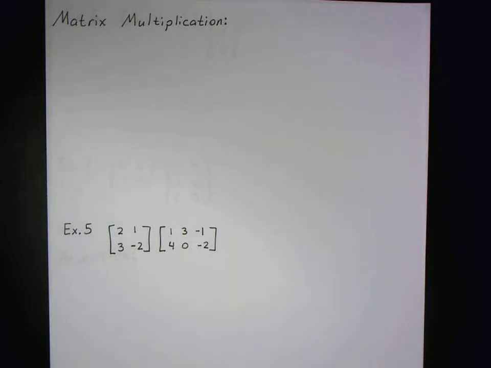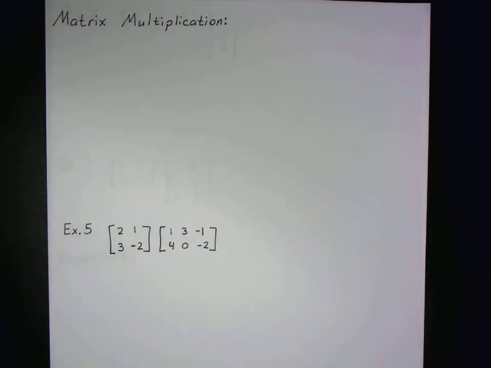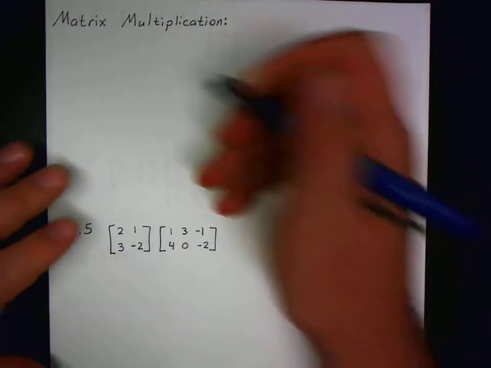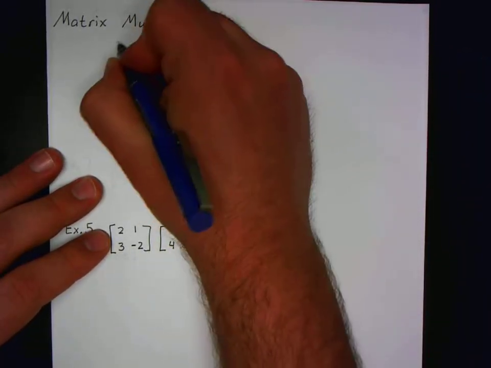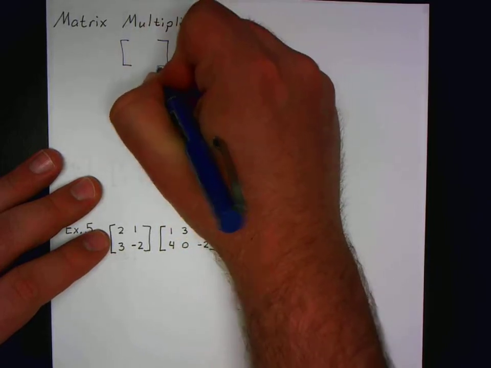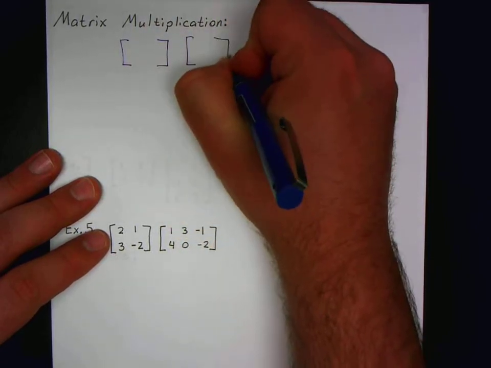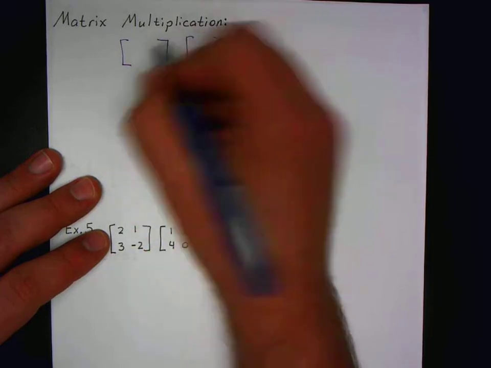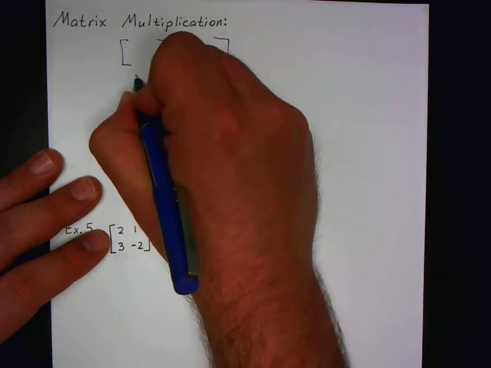Okay, that's right. So when we're talking about matrix multiplication, we're talking about taking a matrix times a matrix. Whenever we take a matrix times a matrix, first of all, in order to do matrix multiplication, there are lots of rules that go along with this.